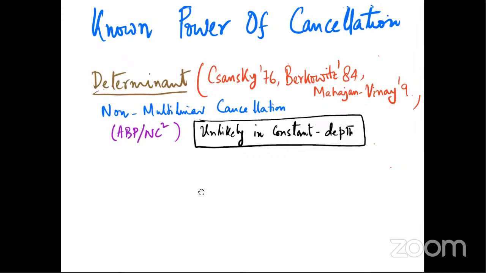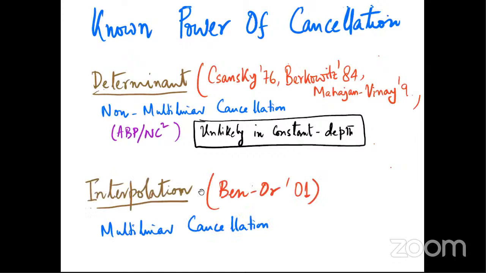So such cancellations would not be of any use if we want to find a polynomial in constant depth. The next powerful cancellation that I alluded to before, due to Ben-Or, is interpolation. Here, the cancellation is less fancy, because you're computing a multilinear polynomial and you do multilinear cancellations.